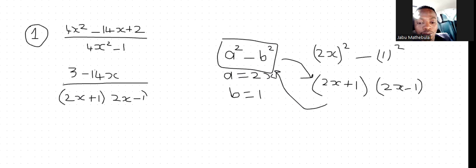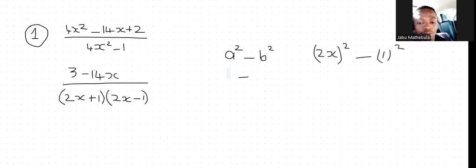Let's clear some space. All right, so right at this point, we are multiplying these two denominators. So we have two factors here.